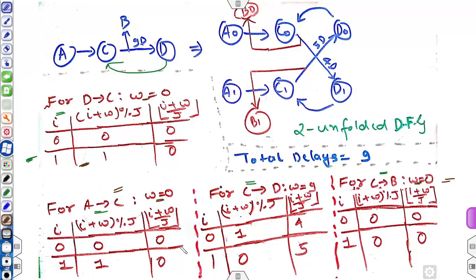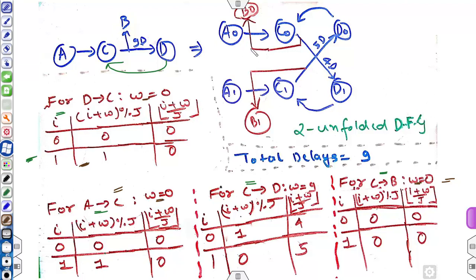So we will use this information to draw the unfolded version. We have already drawn the 8 nodes in step 1, and now we have to connect these nodes according to this value. So for A to C, A0 will be connected to C0, and A1 will be connected to C1, and weight of both the edges will be 0.